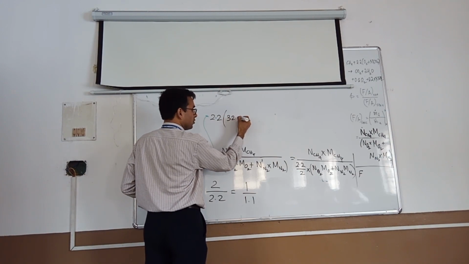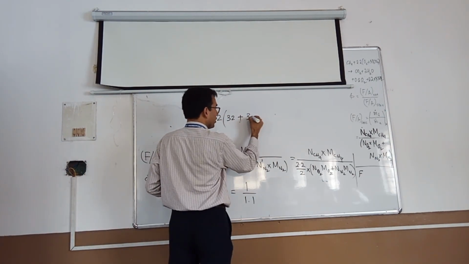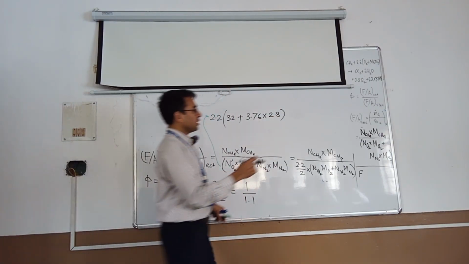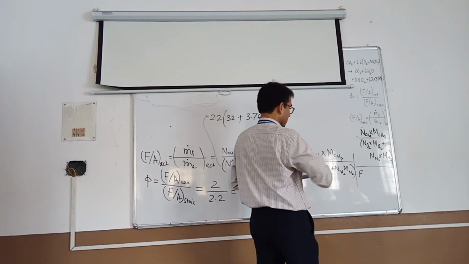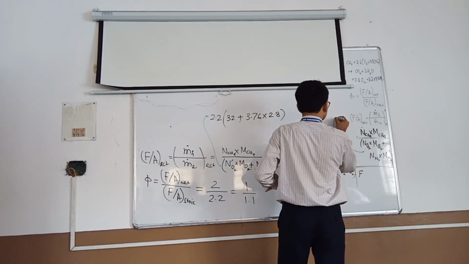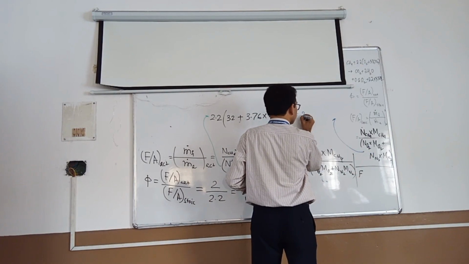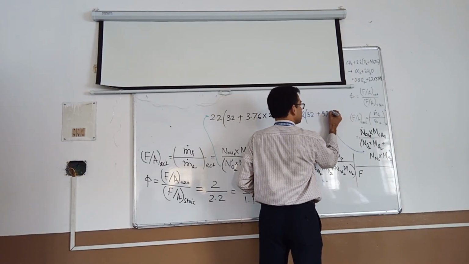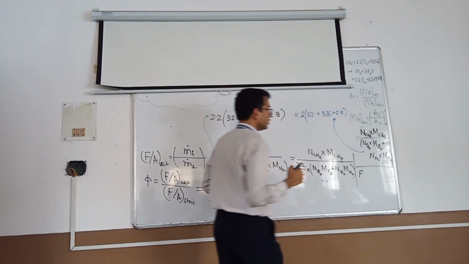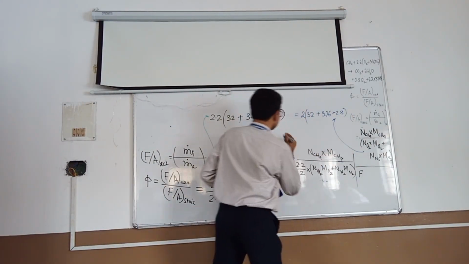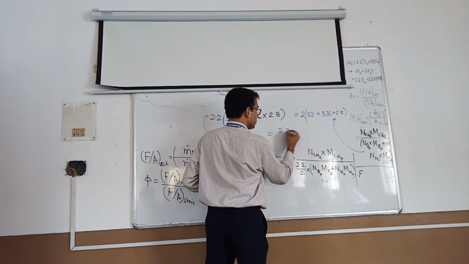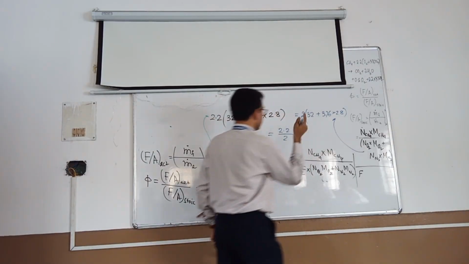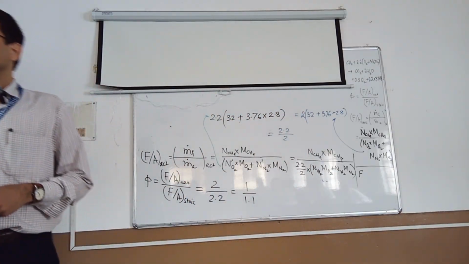That is 32. Right? Plus 3.76 into 28. This is this. And what is that? This is equal to simply 2 multiplied by 32 plus 3.76 into 28. So what is the ratio of this and this? This is equal to 2.2 divided by 2. The ratio of this and this is equal to 2.2 by 2. Is it clear?